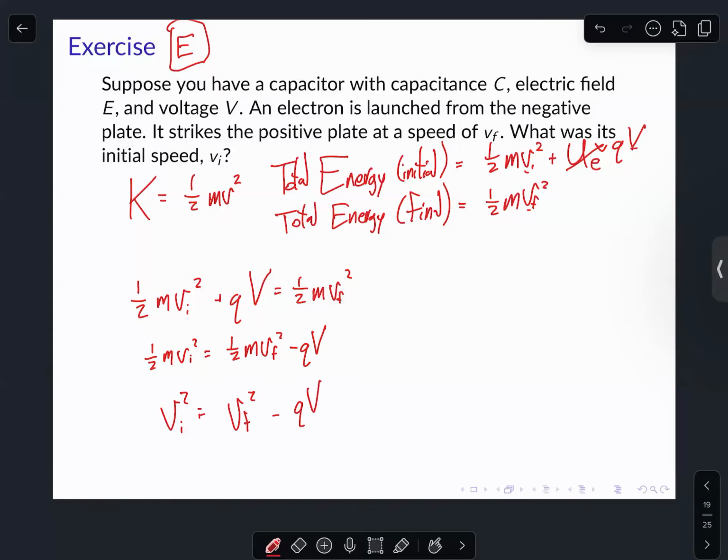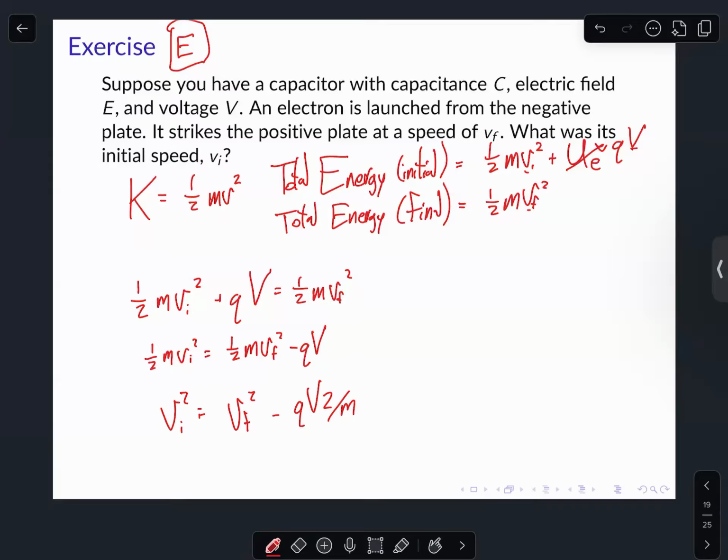That's not correct. I need to multiply each term by 2 over m. If you have two things added together and then you multiply, you can't just multiply one term. You have to multiply all the terms.